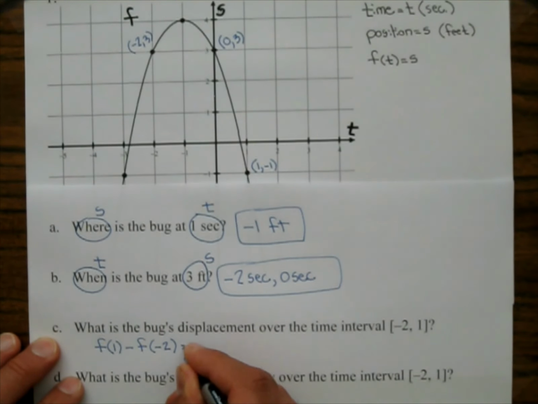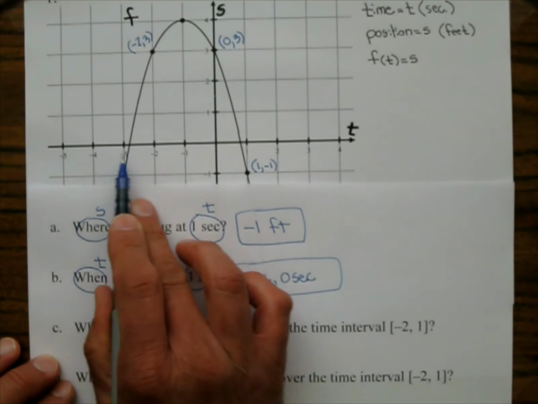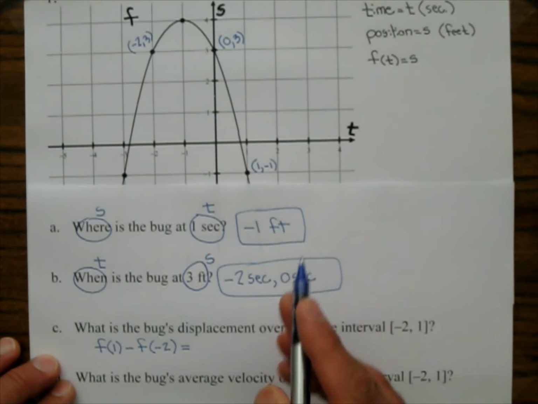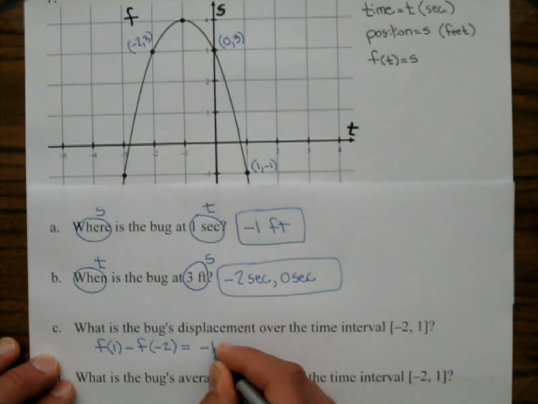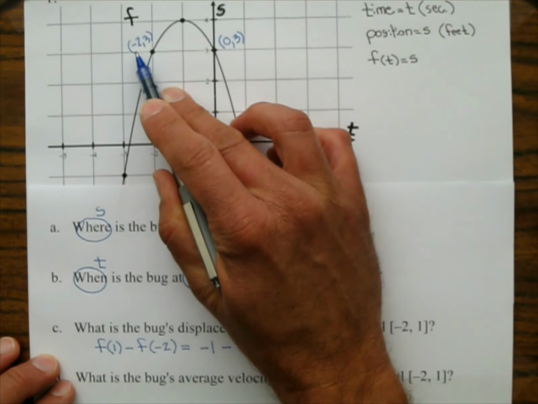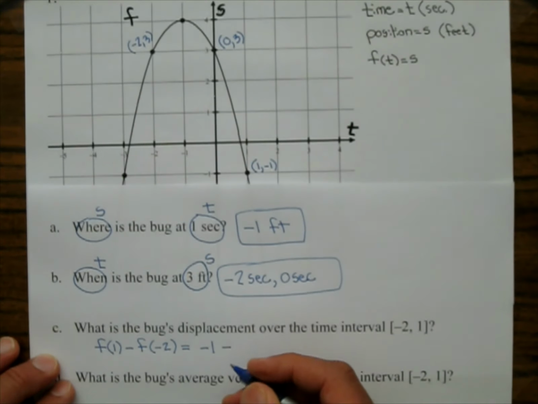So we really have to know how to evaluate functions using their graphs. f of 1, we already explored that. Here's 1. f of 1 is -1. Minus, there's the minus sign. Now f of -2, well, -2 is here. The time is -2, the output, the position, is 3. So we have a 3 there.